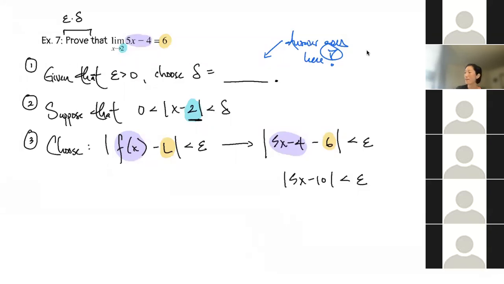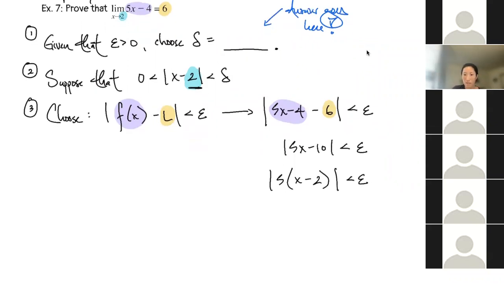Greatest common factor. 5. Okay. So we could write this actually as 5 parentheses x minus not 10, but 2. Okay, good, good. All right.